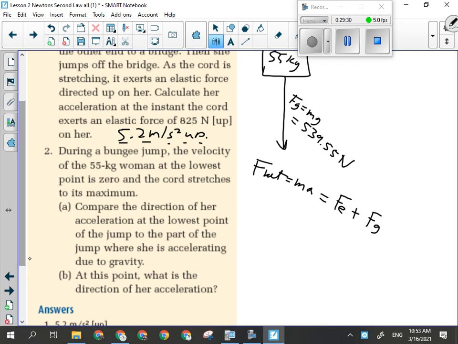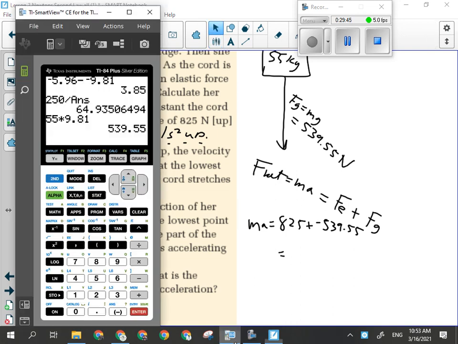So now, I want to calculate her acceleration. So mass times acceleration will equal 825 plus negative 539.55 newtons. So 825 minus our answer there.